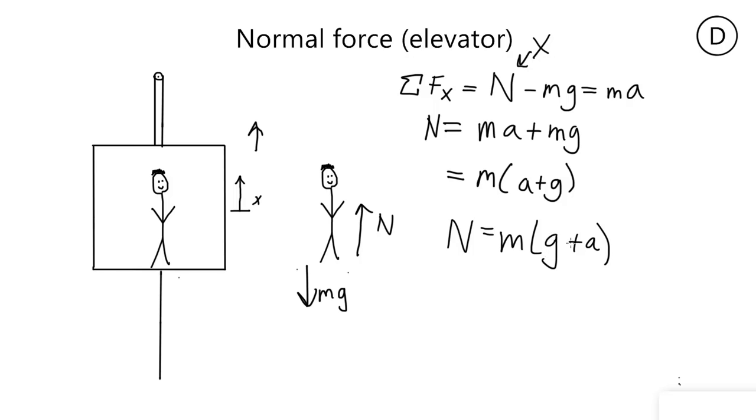So then you're going to have a positive acceleration. I'm going to say N up is equal to basically more than your weight, or mg.